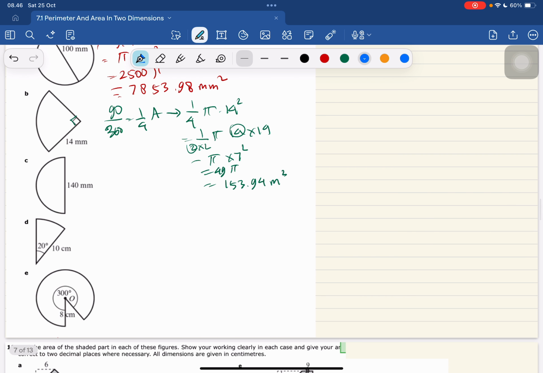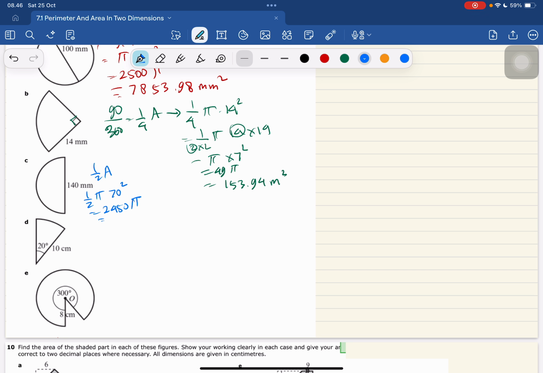Okay, this is a half. So 1/2 of the area. So 1/2, the area is pi 140. So it's going to be 70. We make it square. So 70 squared is going to be 4,900, divided by 2 is going to be 2,450.